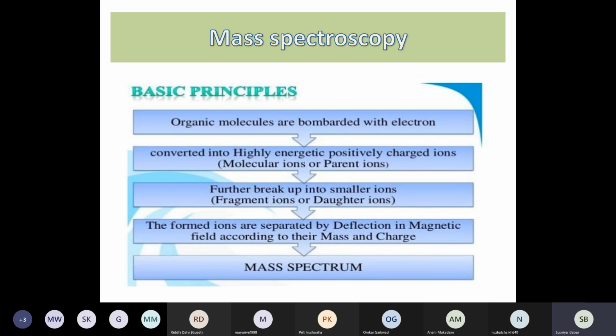Okay? Most of the ions have unit charge, and hence the mass to charge ratio is simply the mass of the ion.